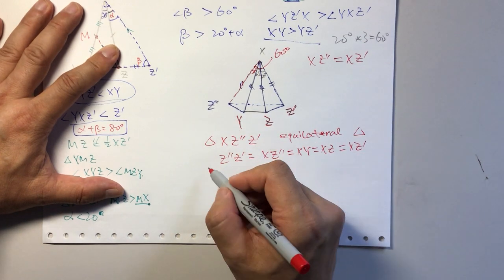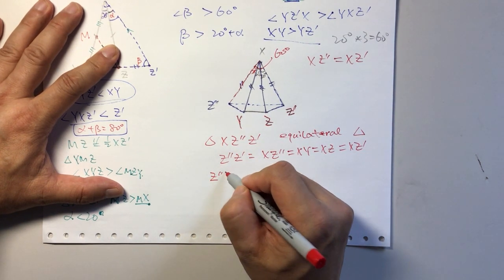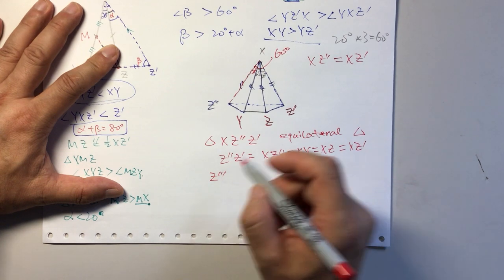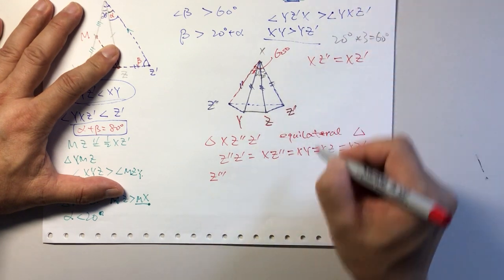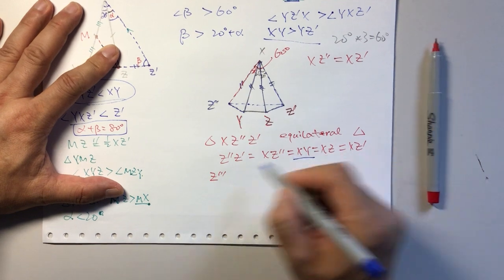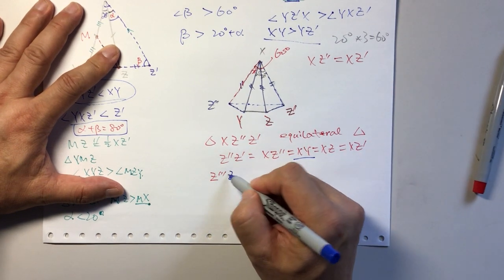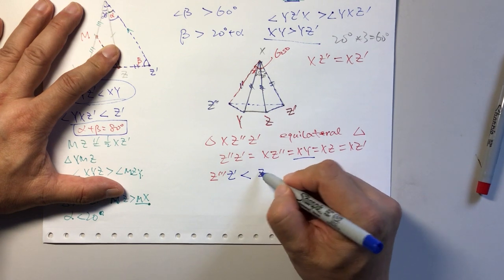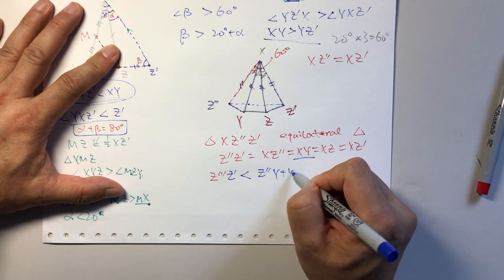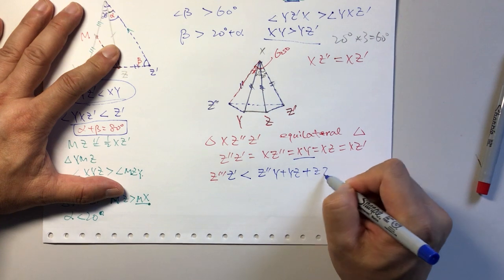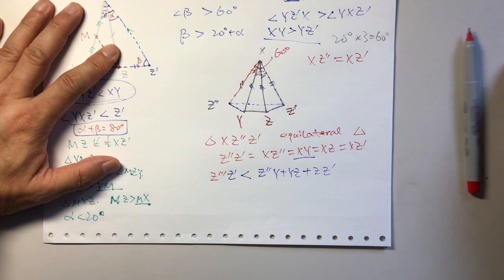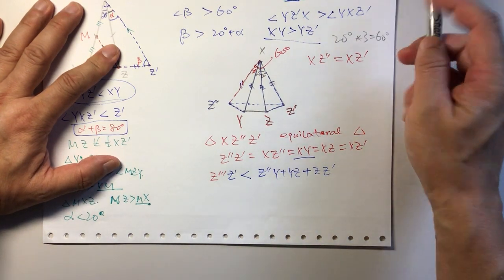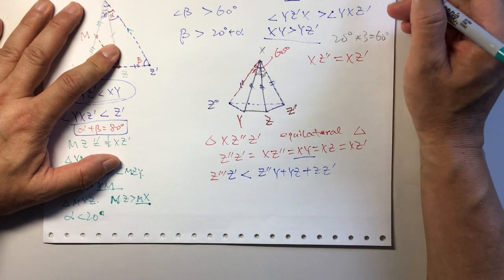So now if we can prove z prime prime z prime, this one is xy, right? This is xy. If we can prove z prime prime z prime is less than z prime prime y plus yz plus z and z prime, then the conclusion will be proved.